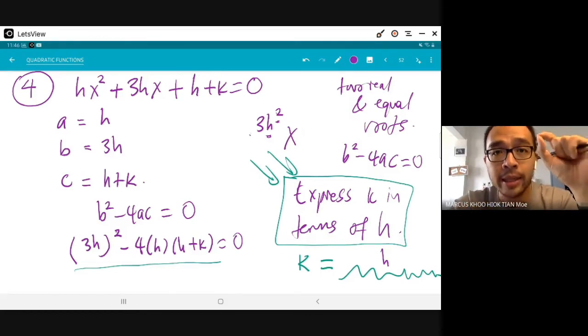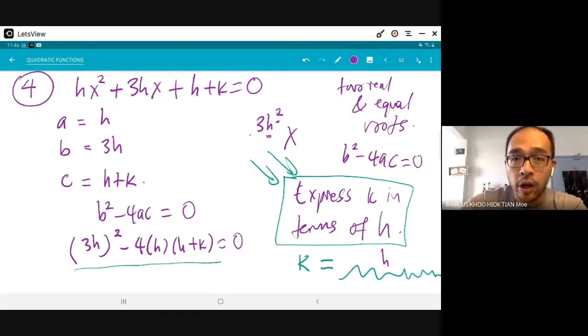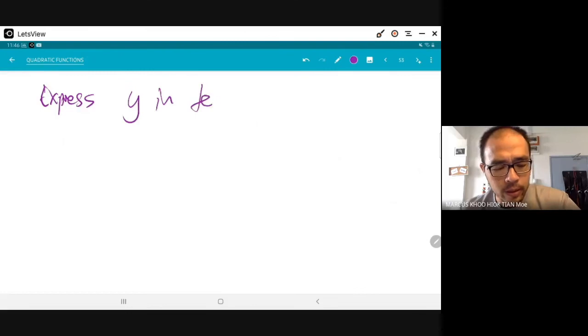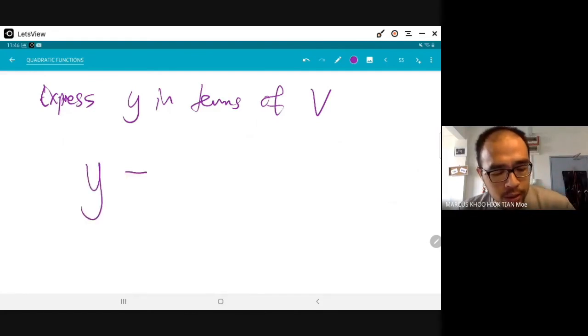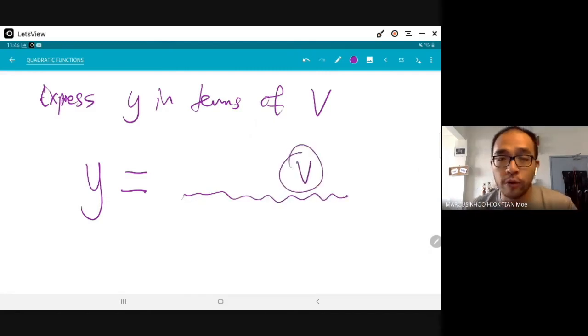I repeat. Express k in terms of h means k on the left side equals to blah blah blah, and inside there is h. Just like if I say express y in terms of v, that means my final answer, I have to change until I get y equals to something inside, and inside here there is v.